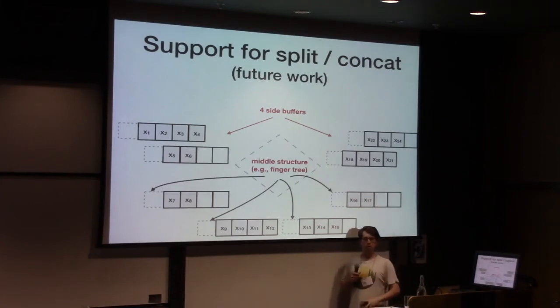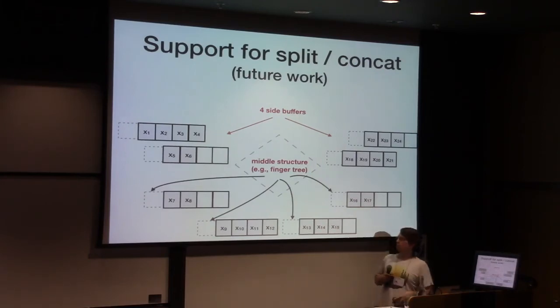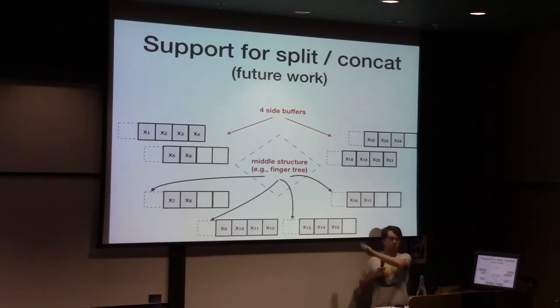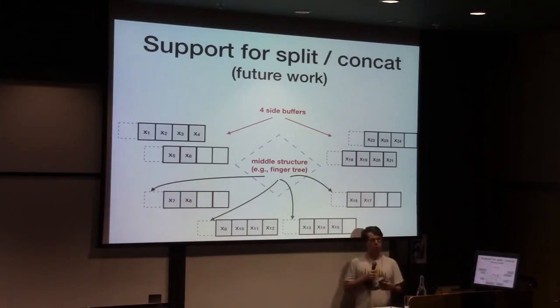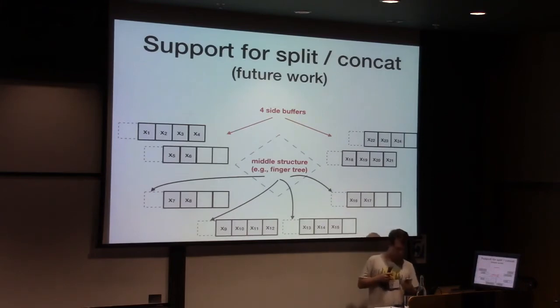If you do that, then you get the property that the chunks in your sequence are going to be at least half full overall. You can actually do better and get denser representations where your chunks are closer to full on average, if you're willing to do a little extra work when you're concatenating, but it doesn't affect pushes, pops, or splits, in fact.